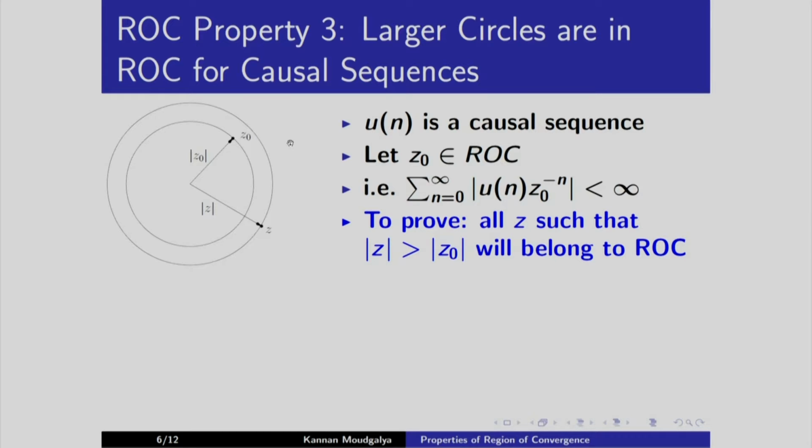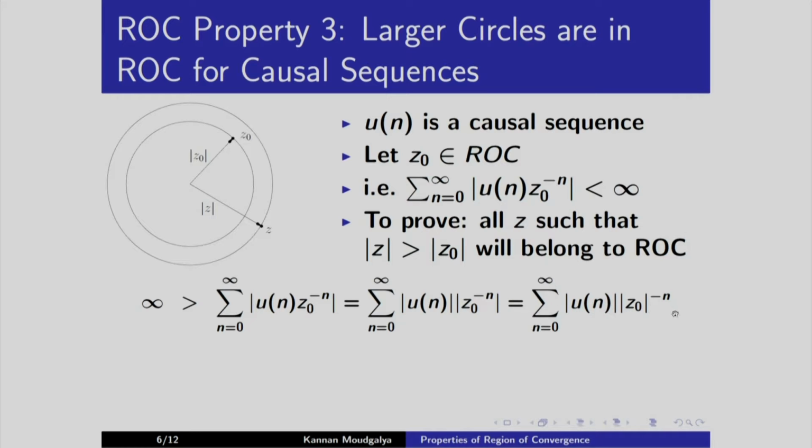How do we show this? Okay, we will apply the meaning of Z transform. It is given that at Z0 this sum is bounded. So once again we will write it separately.